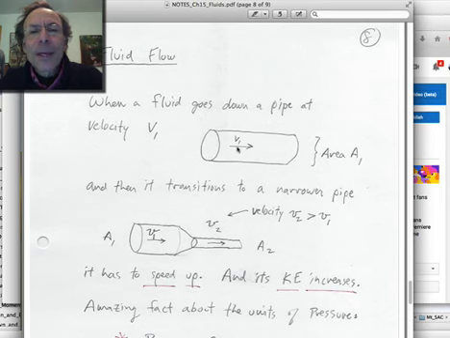So I've got here a pipe. And in the pipe, there's a velocity which is flowing to the right at a velocity that I'm going to call velocity 1. Now this pipe has a cross-sectional area.